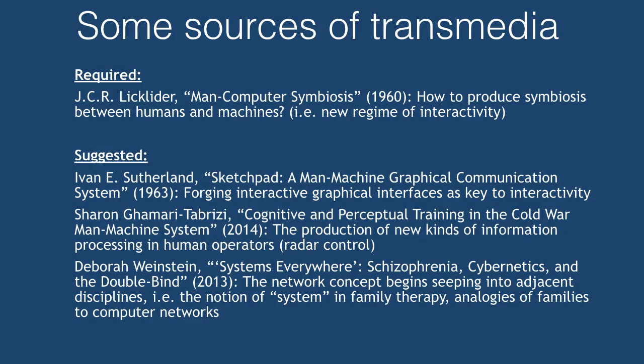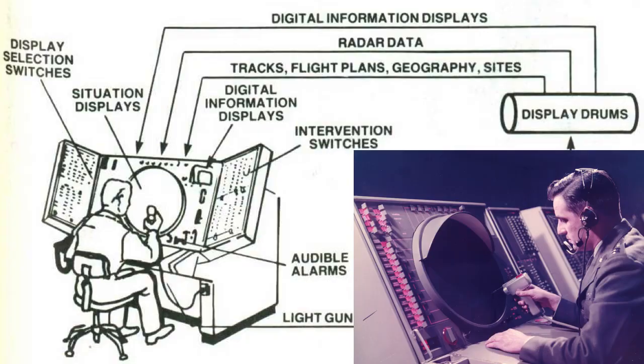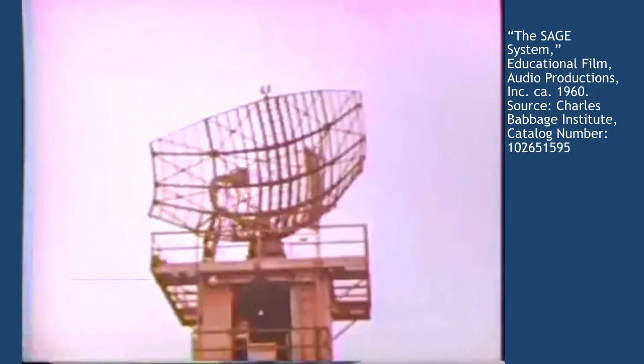That is, to Licklider's psychology, so to speak, of human-machine symbiosis, and to Sutherland's early efforts to develop this man-machine graphical communication system that he calls Sketchpad. Now, I'm going to pause there, and then we're going to go a little deeper in the history of these types of transmedia systems and their development in the course of the 20th century.